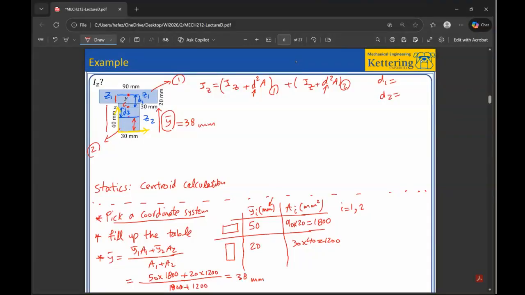Look, d1 is this length. So 2 plus 10 is 12. All right, 12. What is d2, guys?